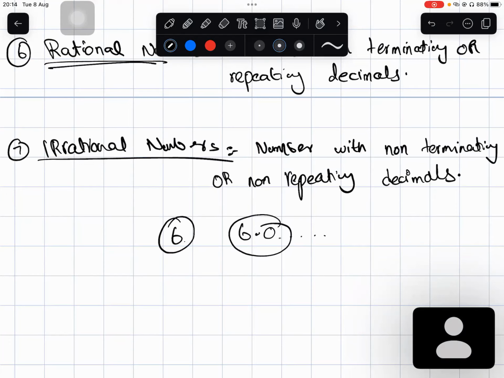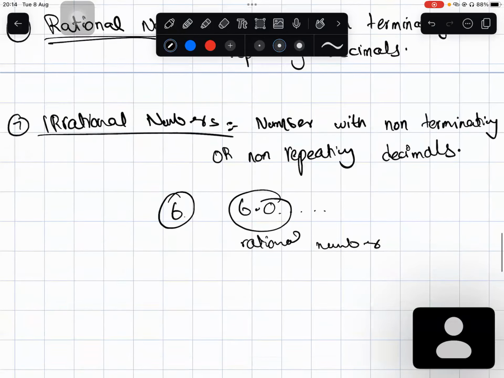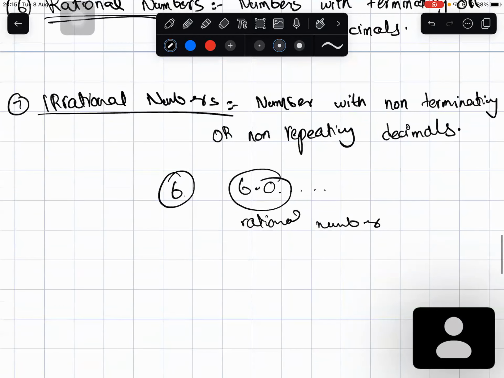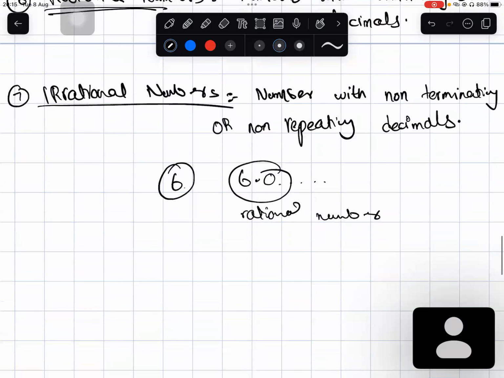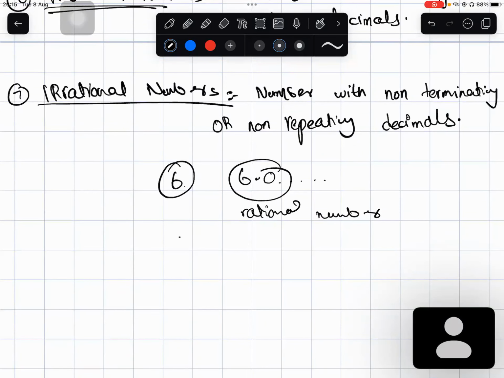This would be a rational number. And for example, if you see 8 by 2 written somewhere, you know that this number simplifies to 4. This would also be a rational number. If we were to put a decimal, you'd write it as 4.0.